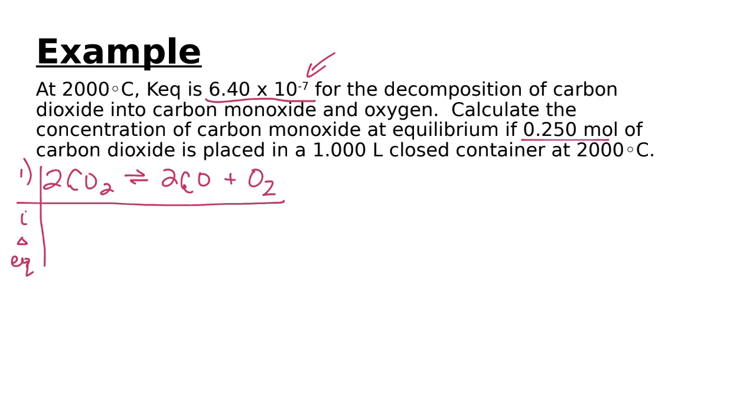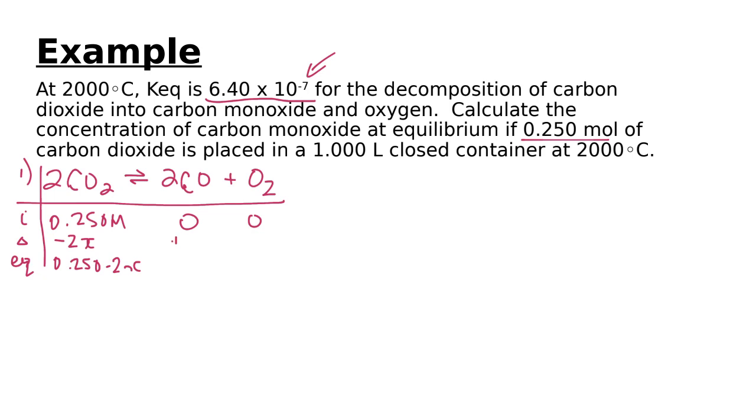Initially my CO2 concentration is 0.250 molar. On the product side, they're telling me that I don't have anything initially, so we assume that's 0. Over time, that reactant concentration is going to decrease by 2X, so that at equilibrium I'm going to end up with 0.250 minus 2X.